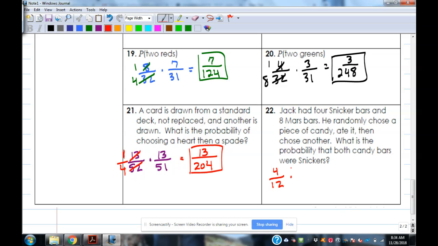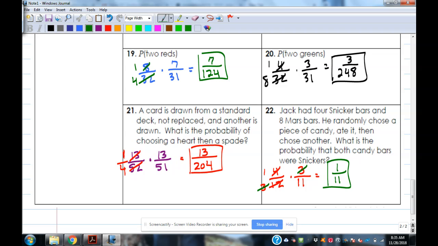And if we ate a Snickers, there are only 3 left, right? How many were in that bucket or bag or whatever? They're not 12 anymore. 11. We done ate one. So cut it down there. So 1/3. And then that simplifies a little bit more. So 1 in 11 probability of eating 2 Snickers in a row.